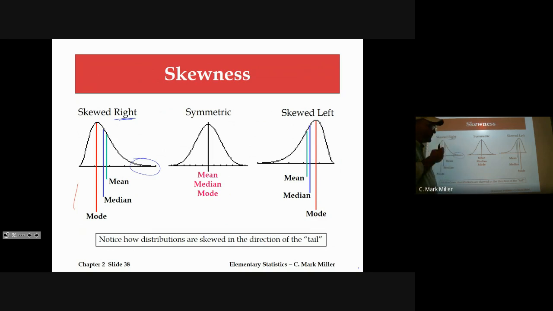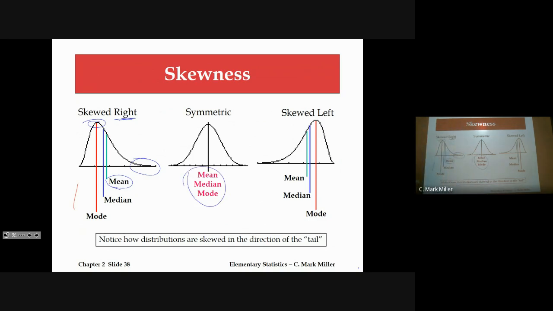And the outliers pull up the mean the most because the mean is more sensitive to outliers. The median, not so much. And the mode is always at the very top of the distribution. Now here, of course, in the middle, mean, median, and mode are all the same.